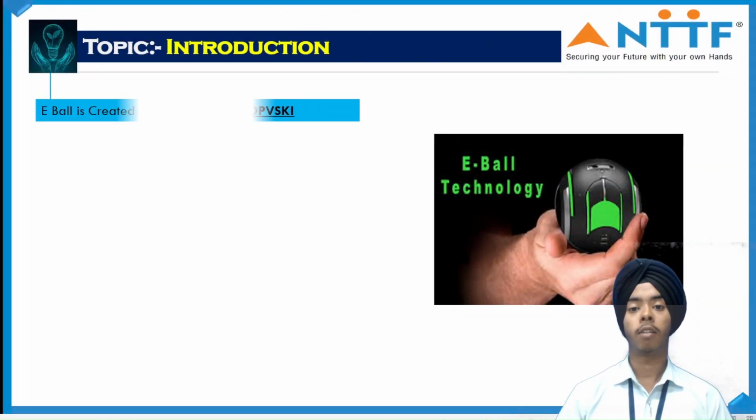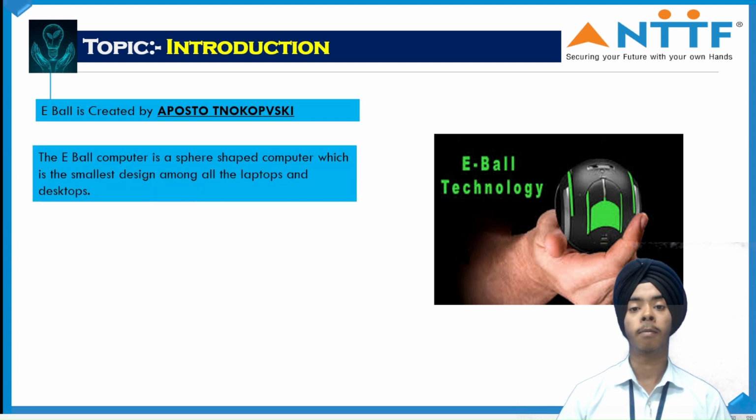Introduction. E-ball was first created by Aposto Tonokovsky in the year 1983. It is the smallest PC ever made. This e-ball consists of a 160 millimeter display.